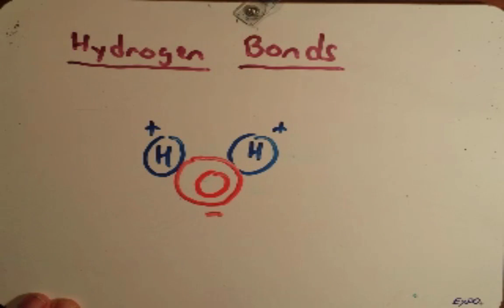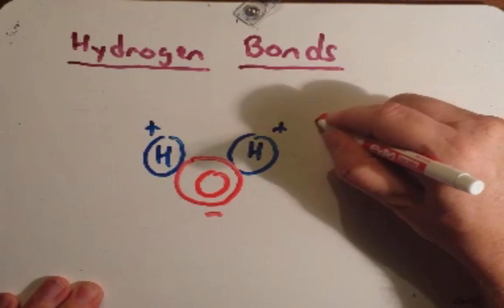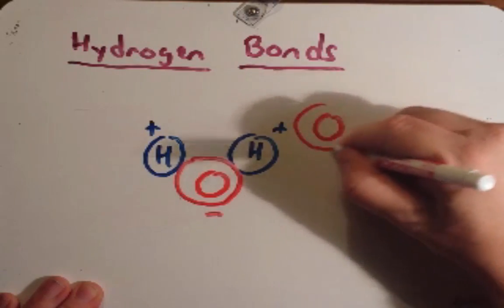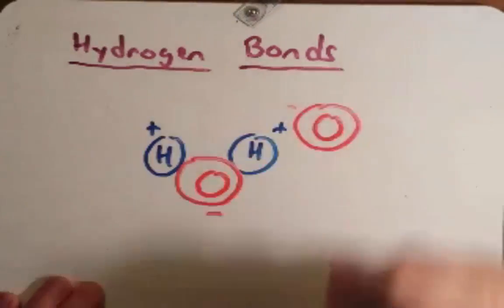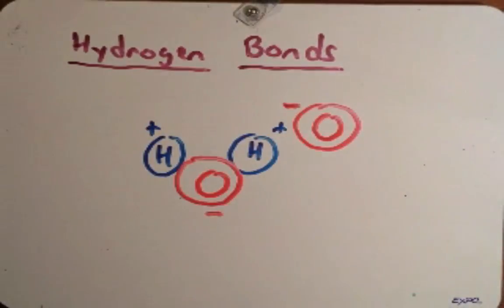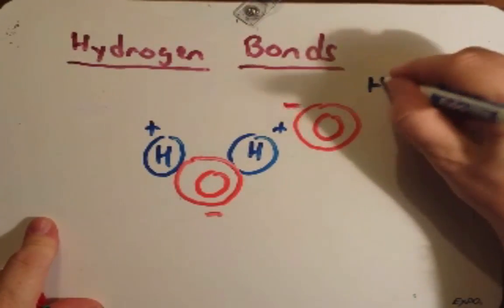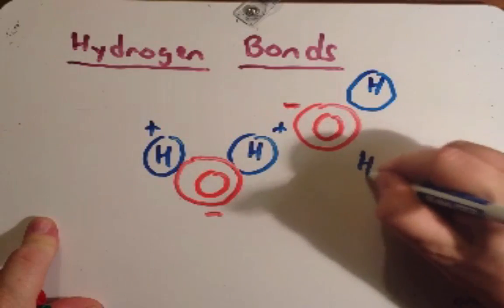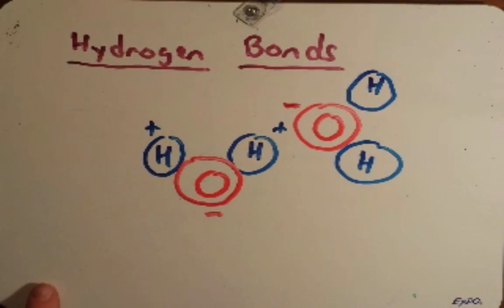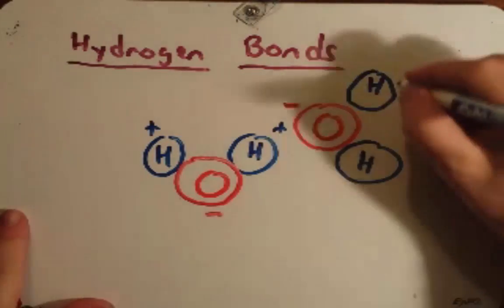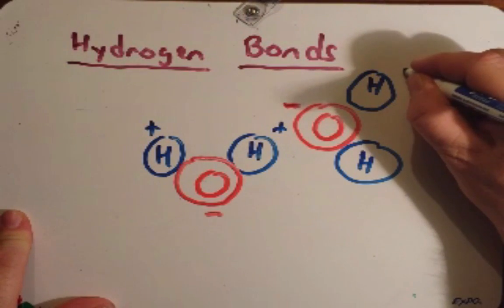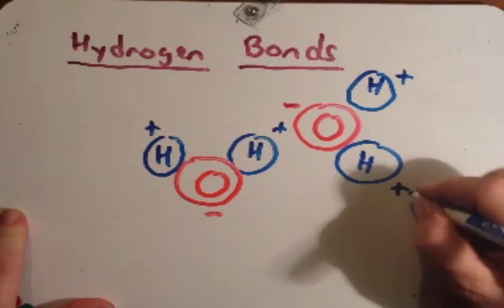So this compound of water can interact with another compound of water. So you'll have an oxygen here with its partially negative charge, and it will also still have, because it's water still, its hydrogen atoms covalently linked to this oxygen, of course, but because it's polar, we're going to have a partial positive and a partial positive here.